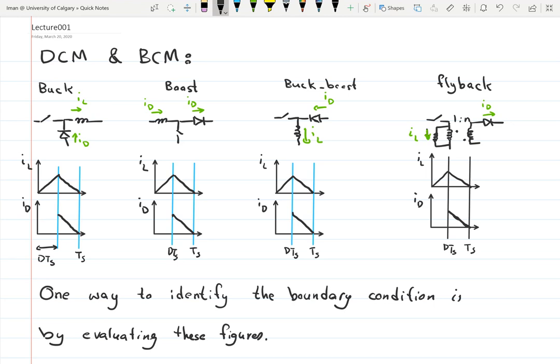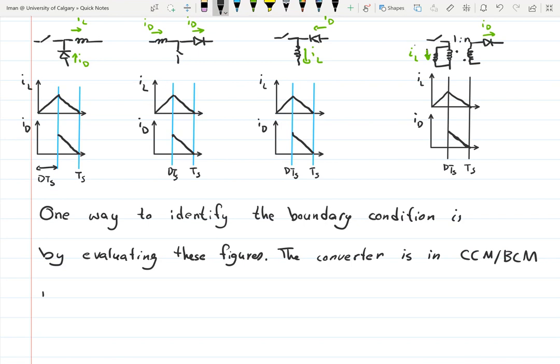As I explained, the converter is in CCM/BCM if the diode current is positive, not 0, for the time between DTS and TS.